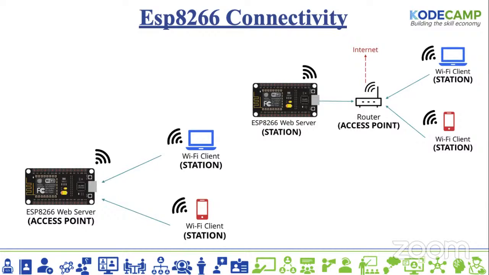Now, in the access point mode, the ESP acts like a hotspot, and it broadcasts a Wi-Fi signal, either Wi-Fi 4, Wi-Fi 5 or Wi-Fi 6, depending on the model.